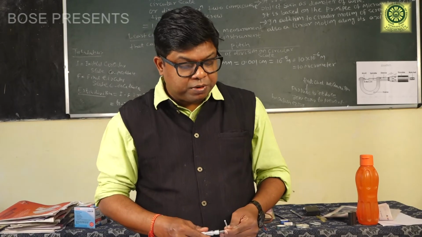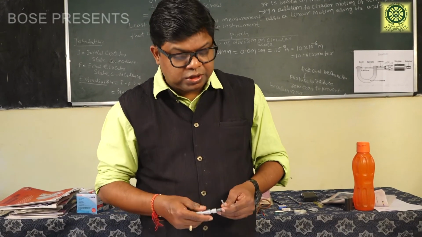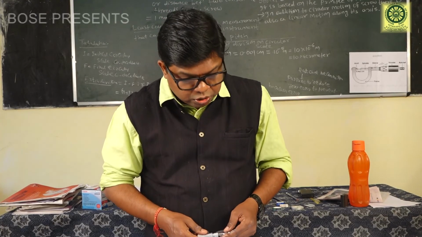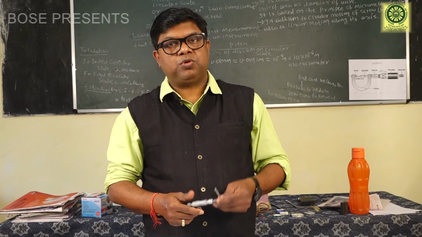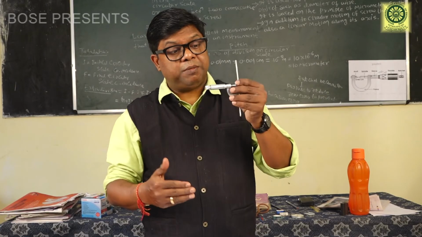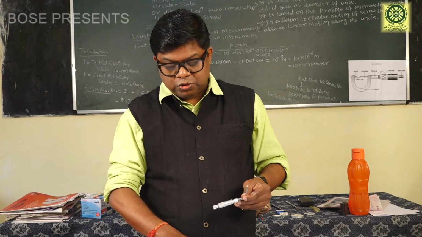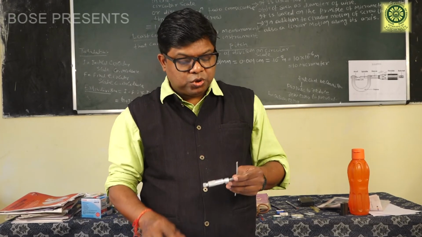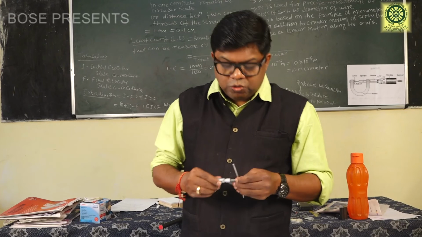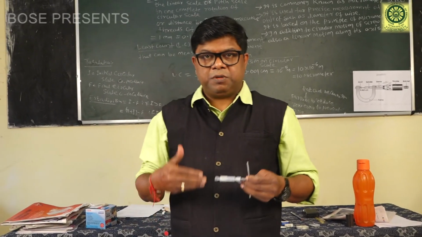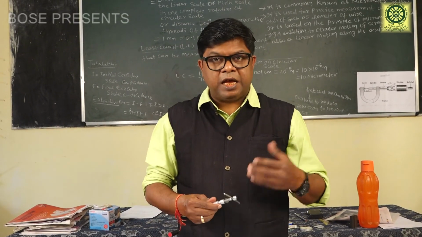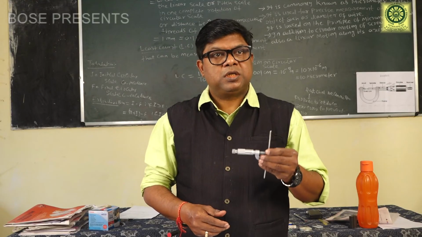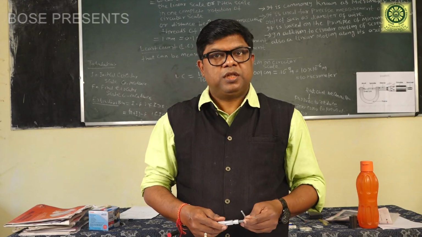The screw gauge's least count in this case is 0.01 millimeter, or 0.001 centimeter. After the decimal it can measure 3 digits, but the slide caliper can measure only 2 digits. Hence the screw gauge is more precise and gives greater accuracy and high resolution. Okay, thank you very much.